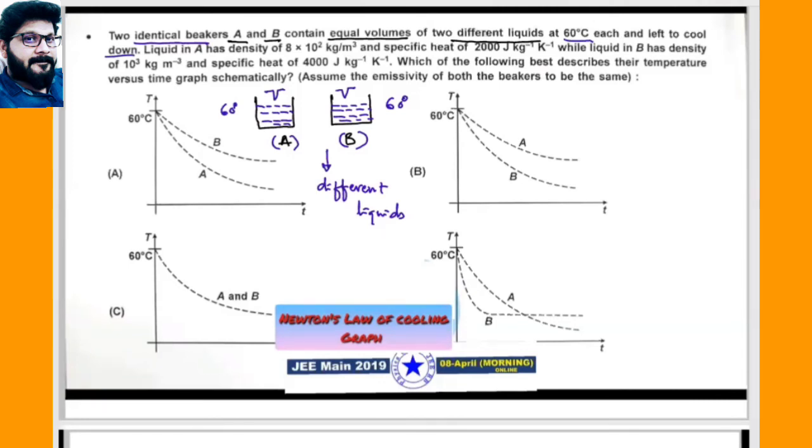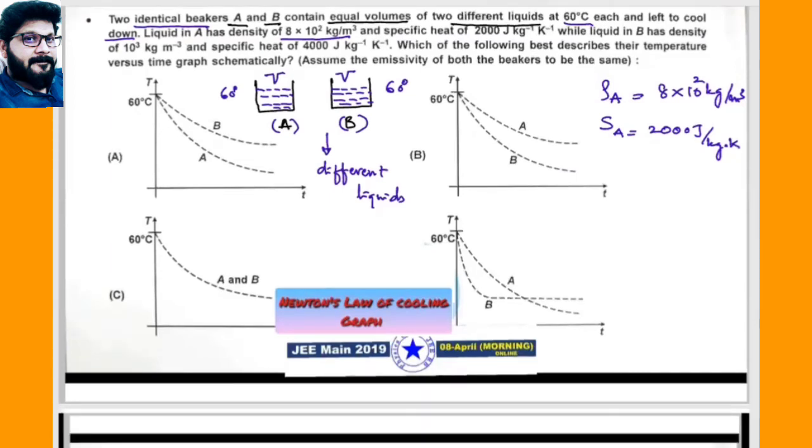The density of A is given as 8 into 10 to the power of 2 kg per meter cube, and the specific heat of liquid A is 2000 joule per kg Kelvin. Specific heat is the amount of heat required to raise the temperature by 1 degree centigrade.